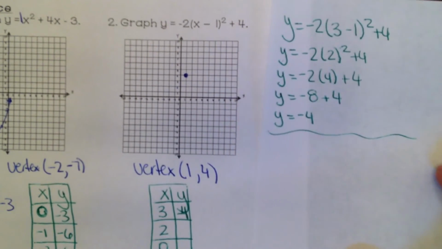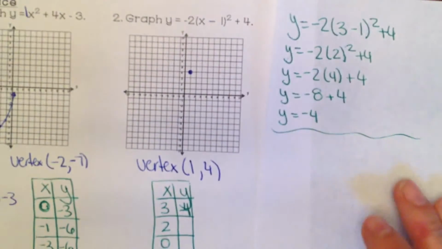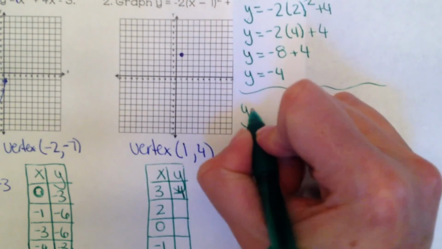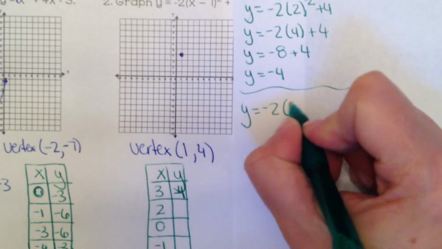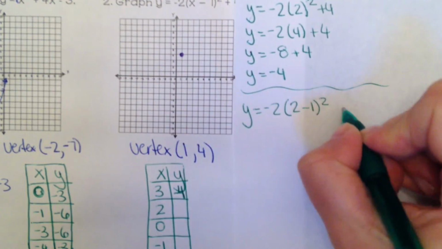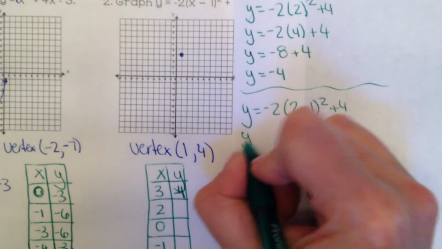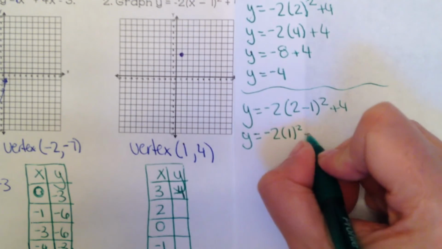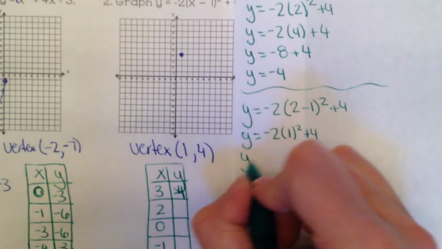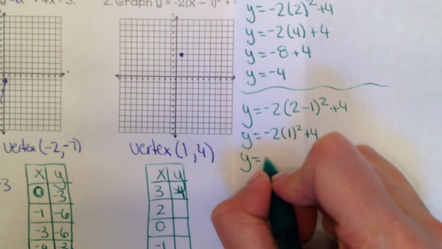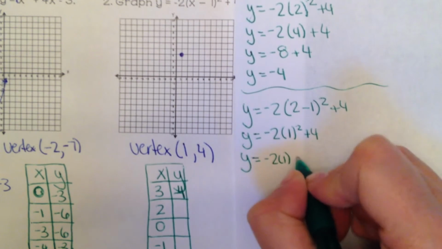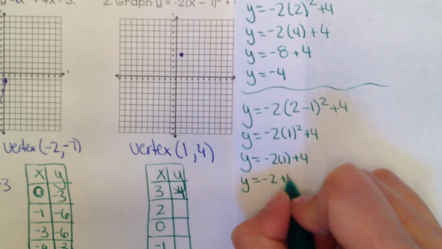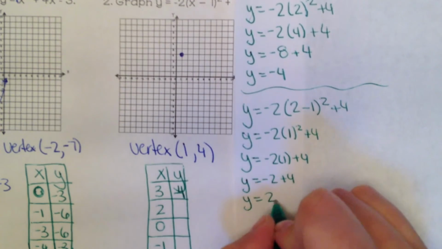Again, I'm plugging it into my original equation right up here. I'm going to plug in 2. Y equals -2 times 2 minus 1 squared plus 4. Y equals -2 times 2 minus 1 is 1 squared plus 4. Y equals -2 times 1 plus 4. Y equals -2 plus 4, which gives us 2.